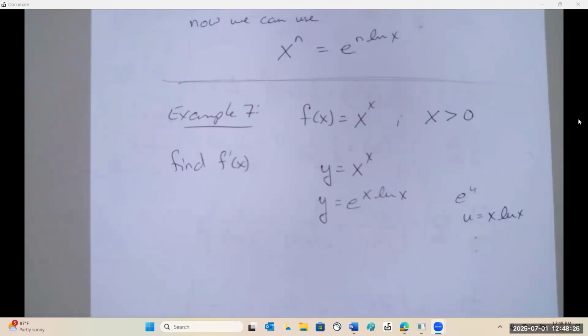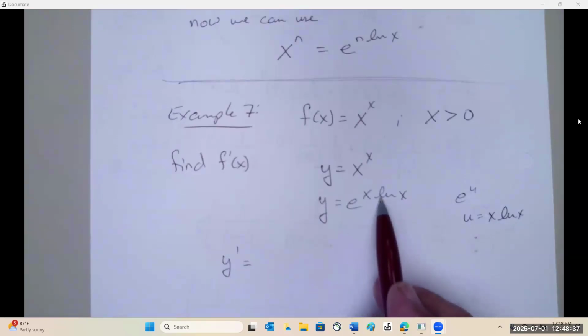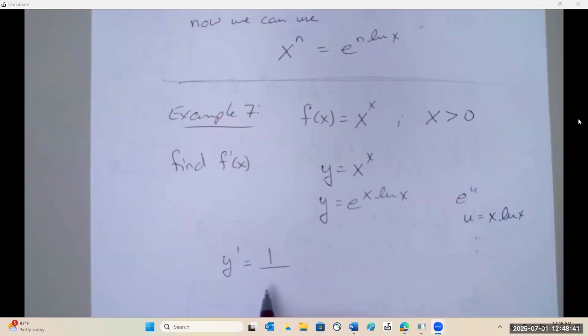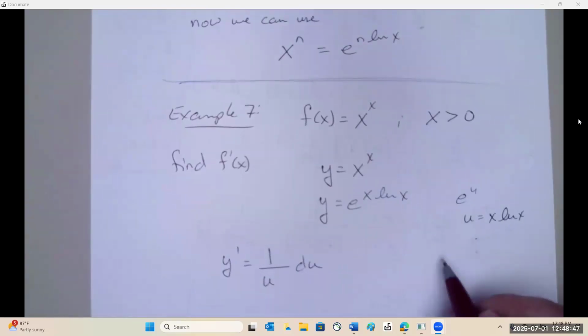Why do I need that? Because to find the derivative, this is e to the power u. So the derivative of e to the power u is e to the u times du. So what is du, the derivative of u?